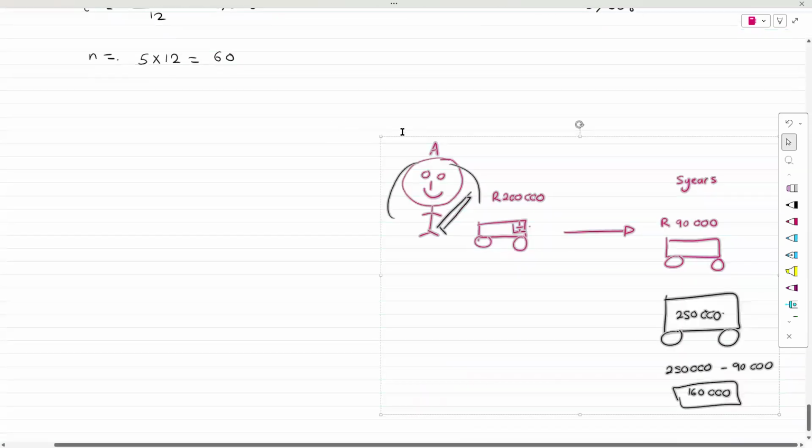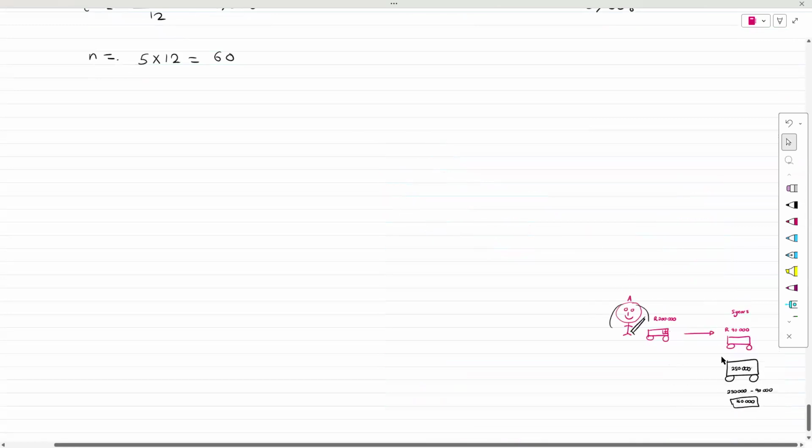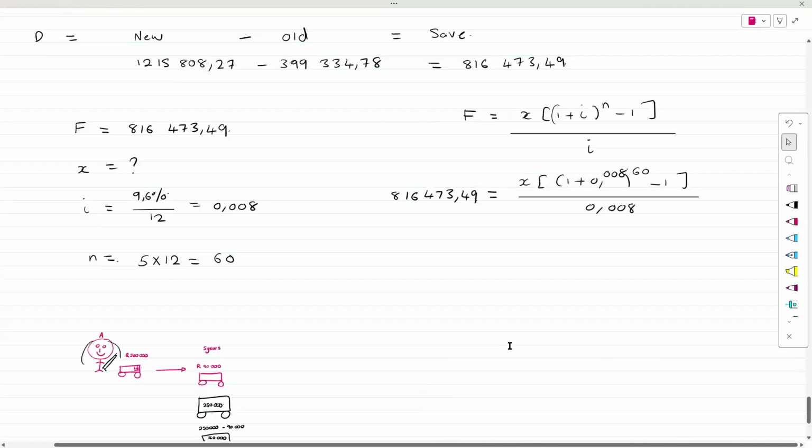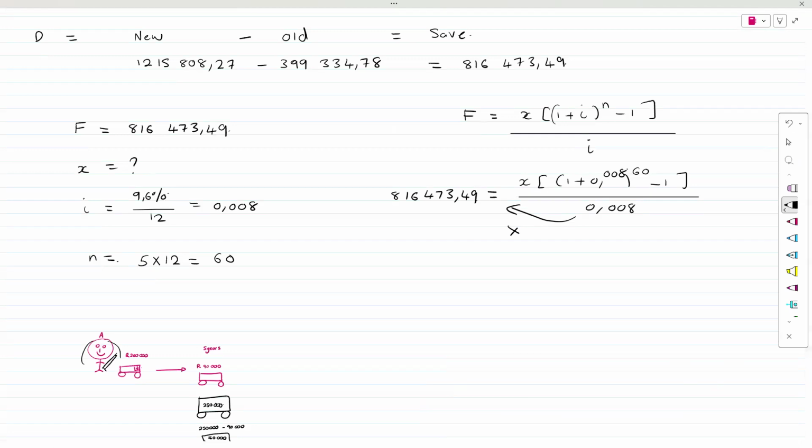If we work with algebra, we take this over as times. So let's try. This is 816,473.49 multiplied by 0.008, and this equals 6,531.79. And this equals X into 1 plus 0.008 to the power of 60 minus 1.